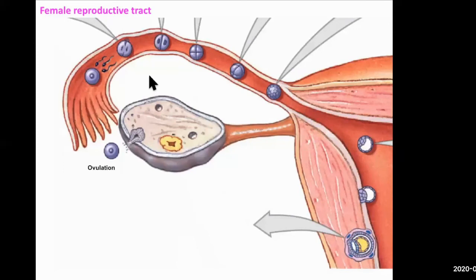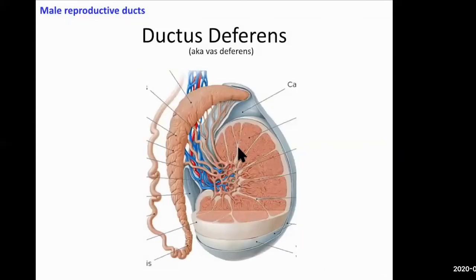We're going to go back to the male. Here again, the male gonads with all their miles of seminiferous tubes and their 1,500 sperm per second being produced. Once they're produced, they go into the epididymis, this outside structure, and then eventually they're going to move through what's called the ductus deferens, commonly known as the vas deferens.